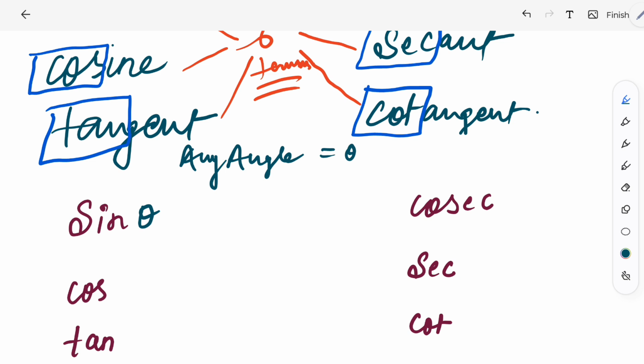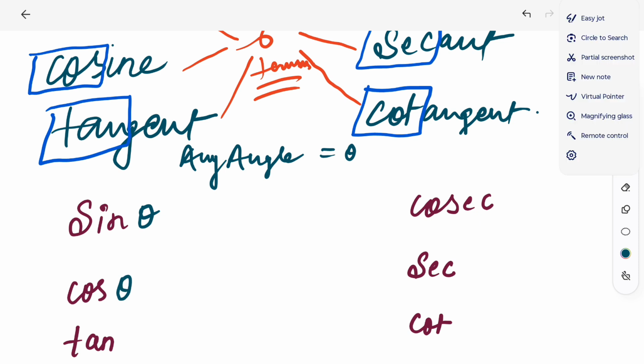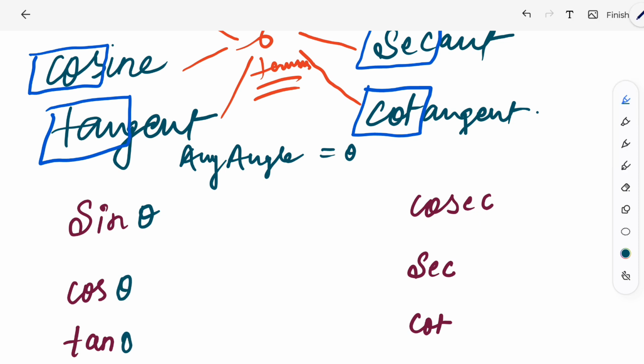We will discuss which angle is representing. First of all, theta means angle. Now sin theta is meaningful. Similarly cos theta, tan theta, cosec theta, sec theta, cot theta.